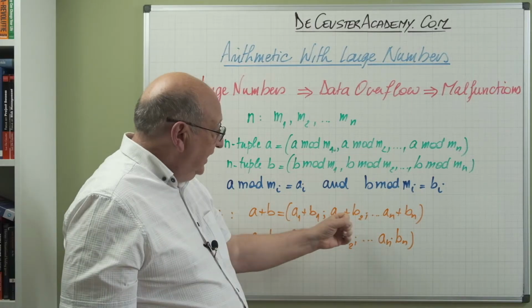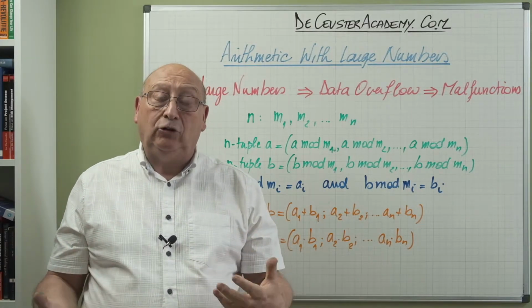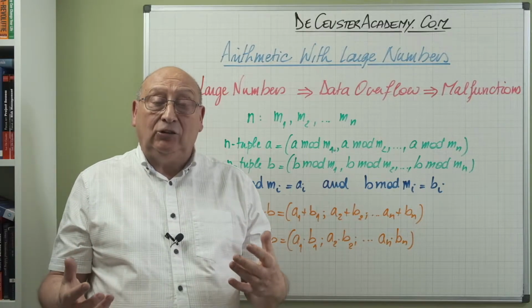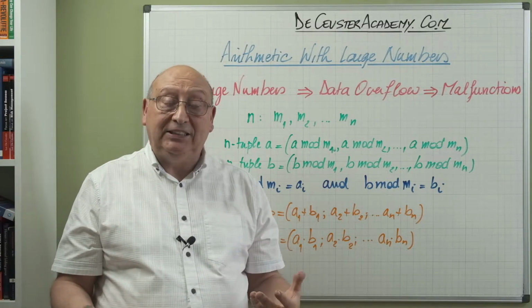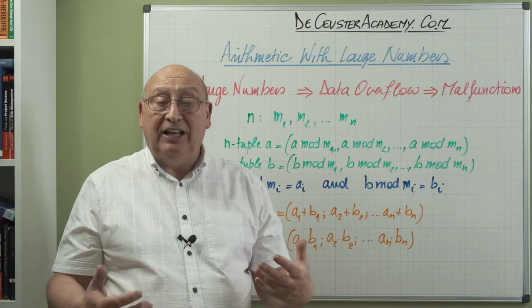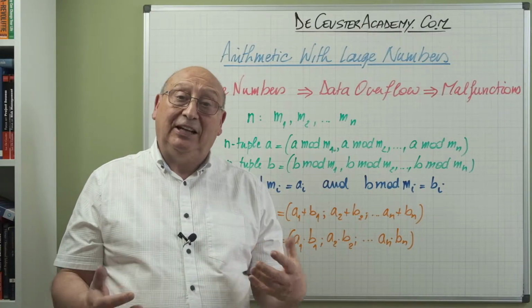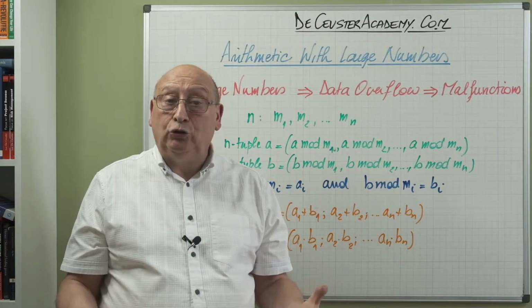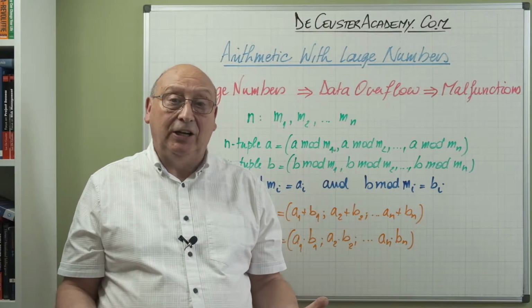Now, when we have these coefficients, when we do that operation on the n-tuples, we can use that to transform this into a set of linear congruences that we will resolve using the Chinese Remainder Theorem.